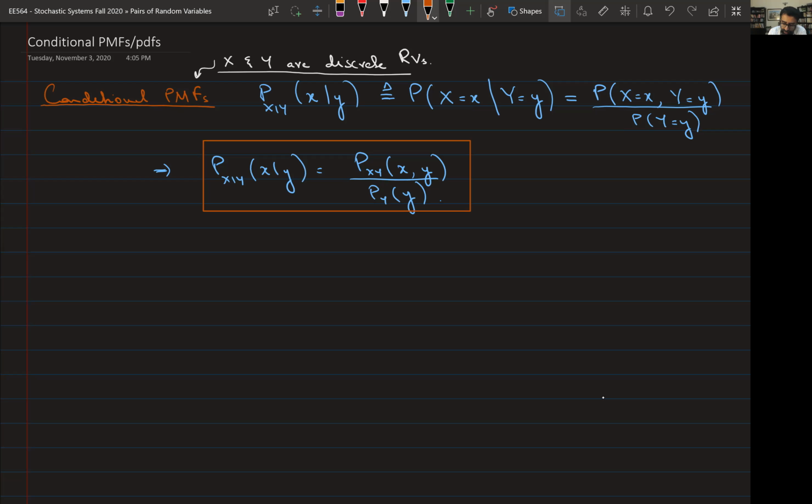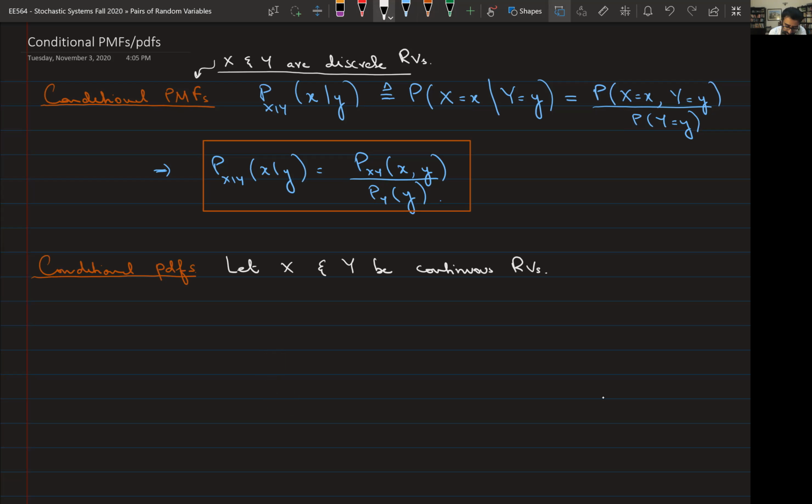Okay, and you can extend these ideas to conditional PDFs as well. So let me explicitly say it out here. Let X and Y be continuous random variables.